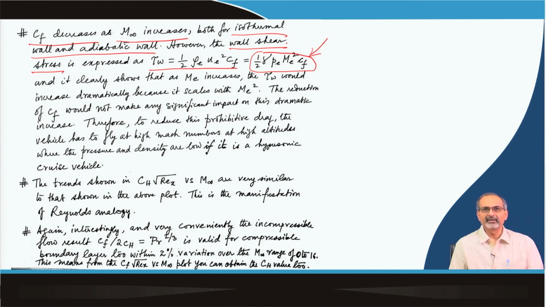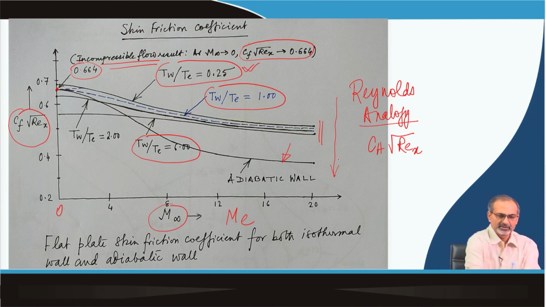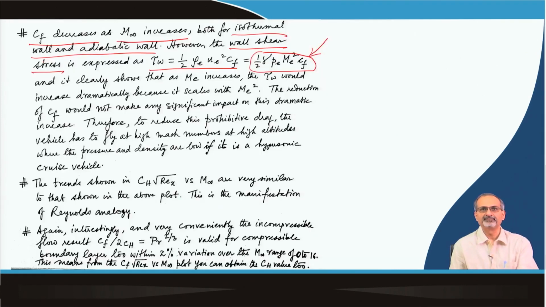Therefore, as m e increases, the tau w will dramatically increase, and even though at the higher Mach numbers there is a reduction in Cf, that reduction is not going to offset the increase of tau w much, because you need to note the values over here. It is only decreasing by about a factor of half, while the m e square values are very large.